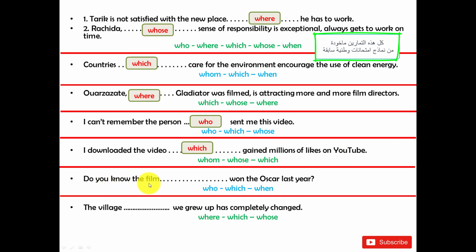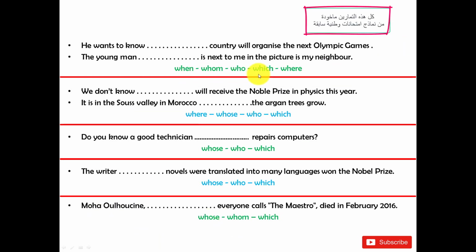Do you know the film which won the Oscar last year? Yes. Which? We're talking about the film as well. The village where we grew up has completely changed. Yes, we're talking about the village. It's a place, so where? Next, when, whom, who, which, where. So he wants to know, good, which country will organize the Olympic Games?